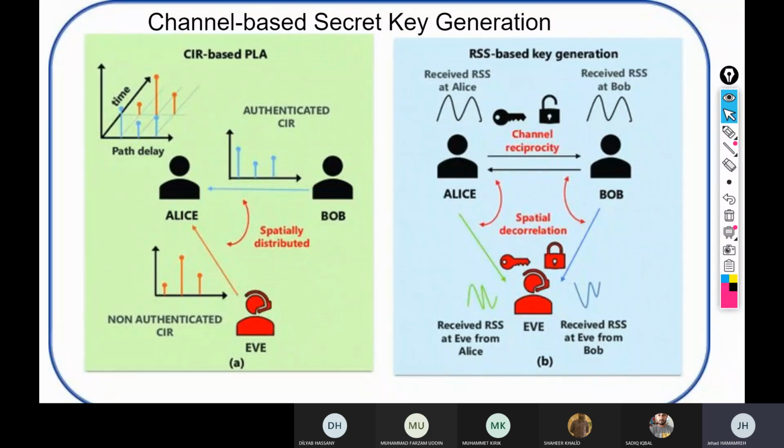And if Eve tries to get access to the data being communicated and encrypted by the extracted key between Alice and Bob, he will not be able to get any meaningful data because his key, which is extracted from his channel, will be different. He cannot know Bob's channel because we assume it's a TDD system.